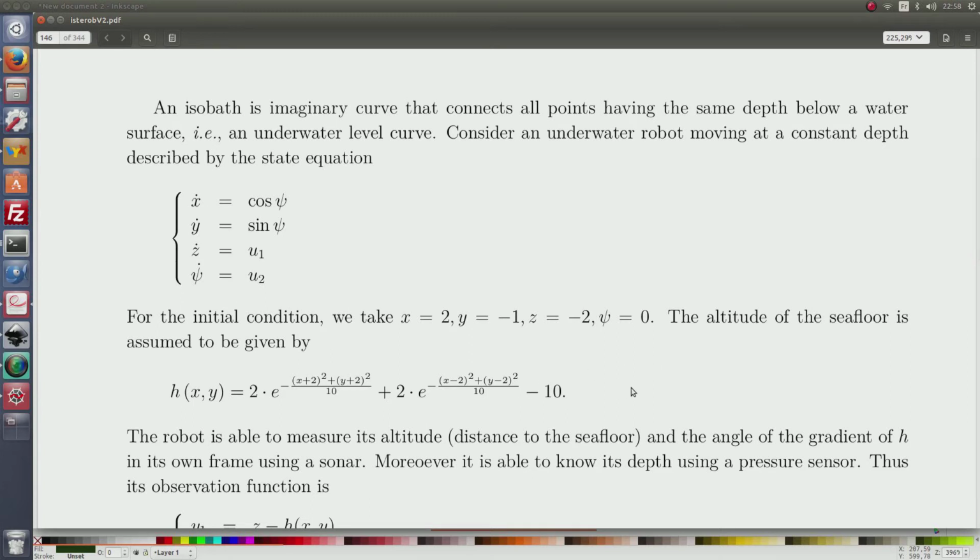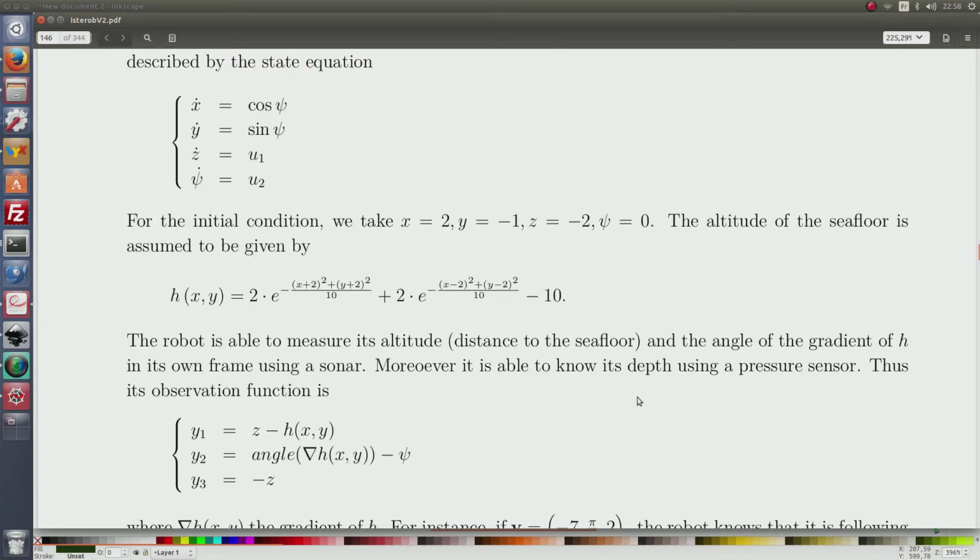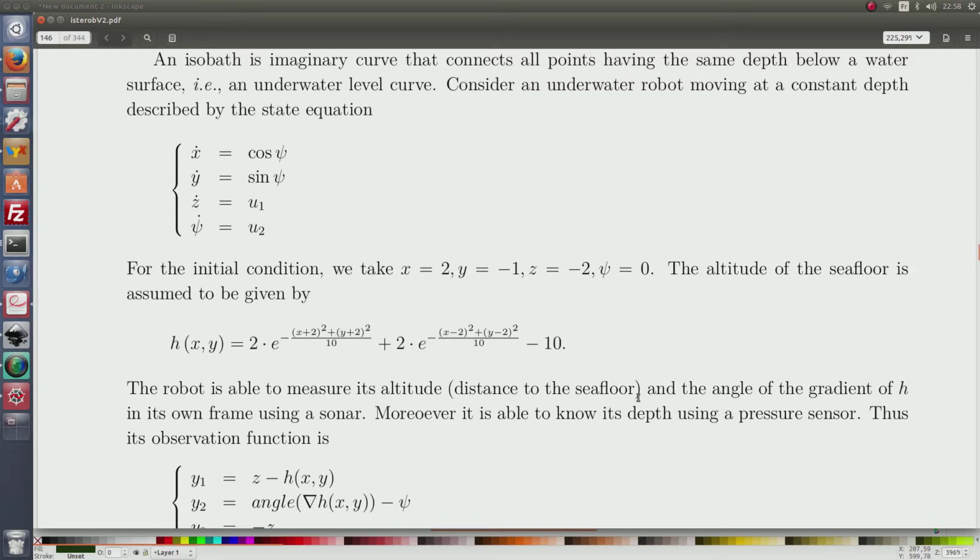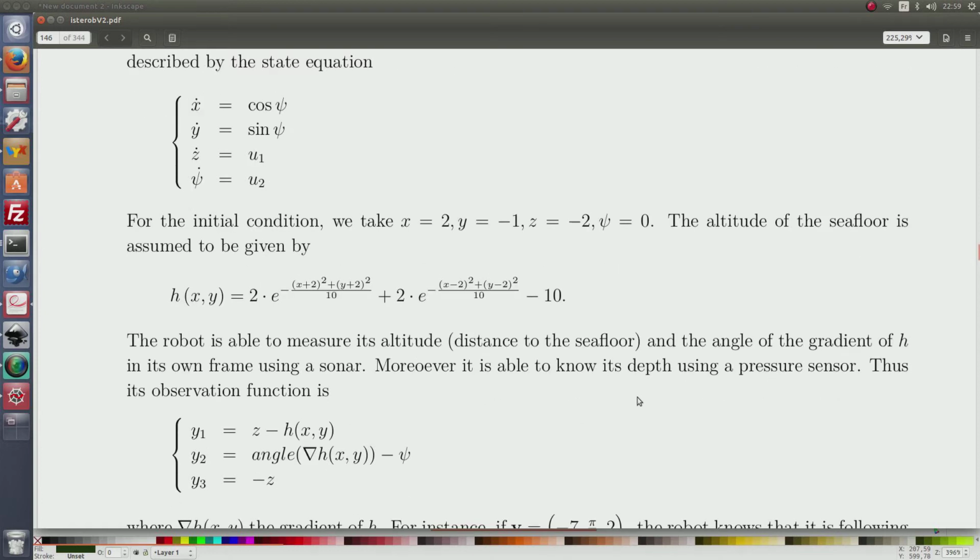The robot is able to measure its altitude, meaning the distance to the seafloor, and also the gradient of the seafloor just at the place where the robot is. So I will try to explain this now.